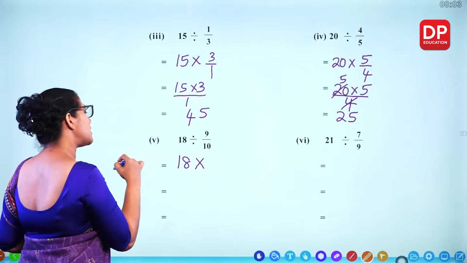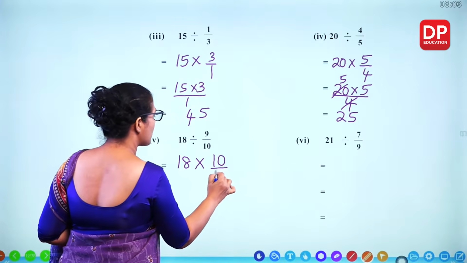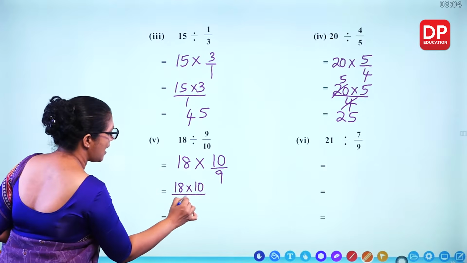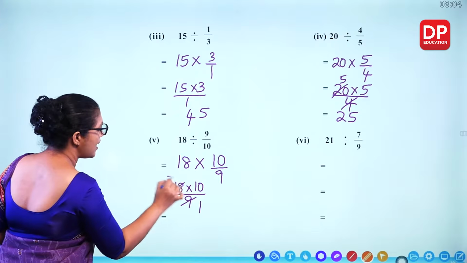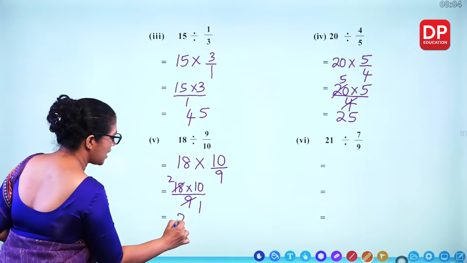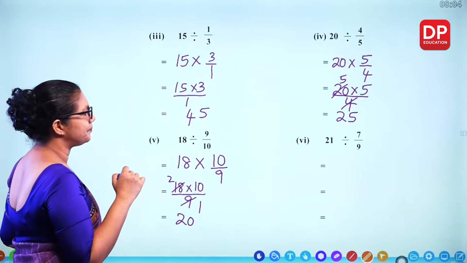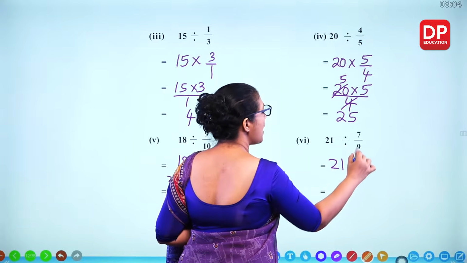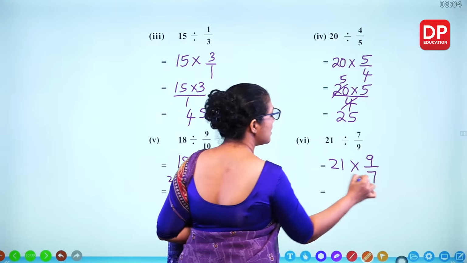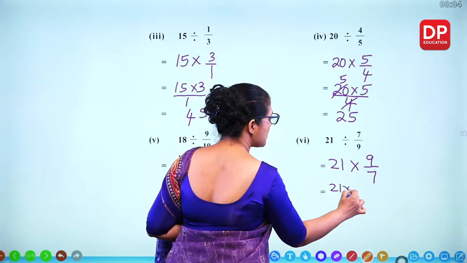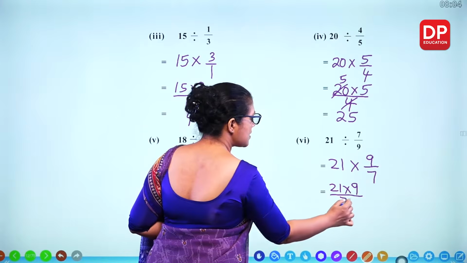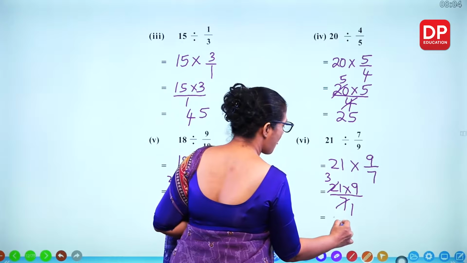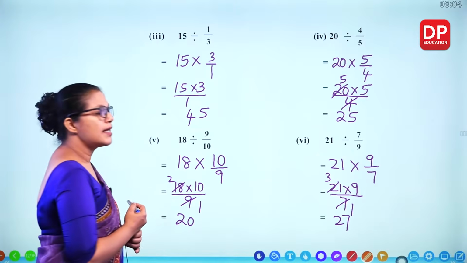Division, convert to multiplication by taking the reciprocal of this. 18 times 10, divided by 9. 9 times 1 and 9 times 2. So 2 times 10, 20. This one, 21, multiplied by the reciprocal, 9 over 7. So 21 times 9, divided by 7. 7 times 1, 7 times 3. 9 times 3, you get 27.